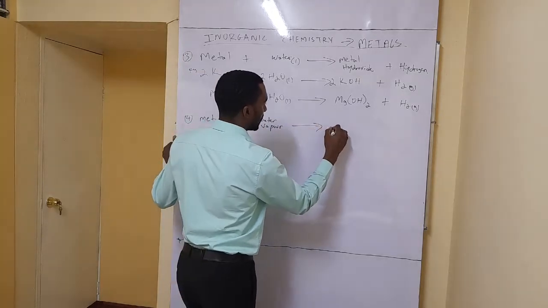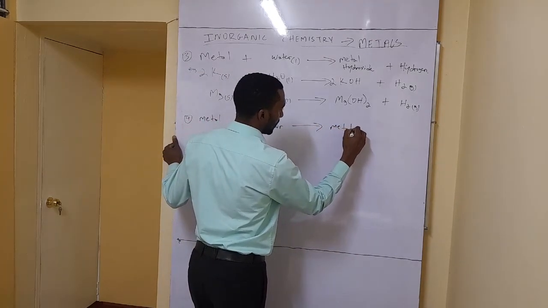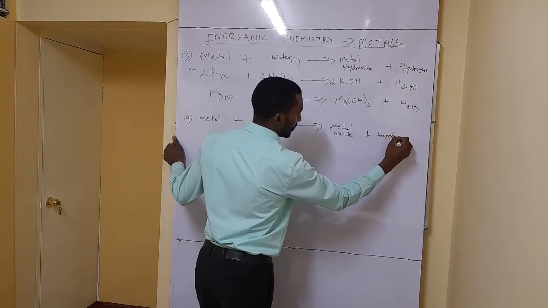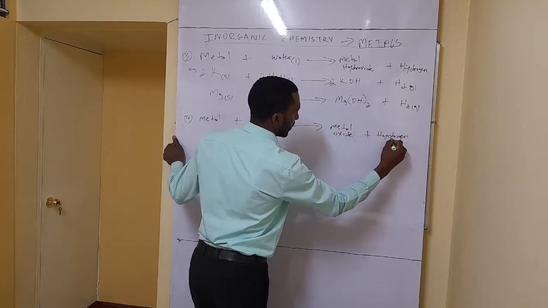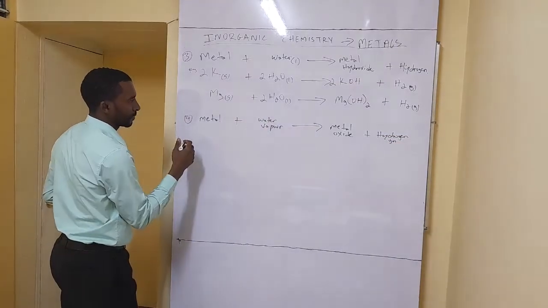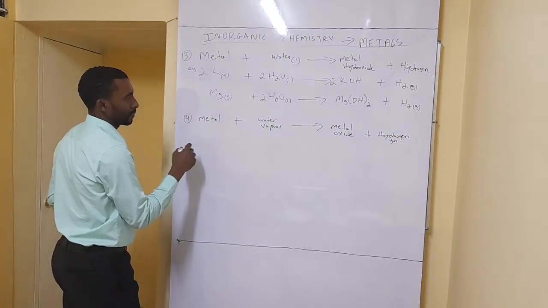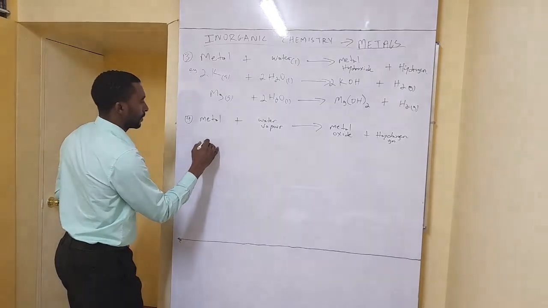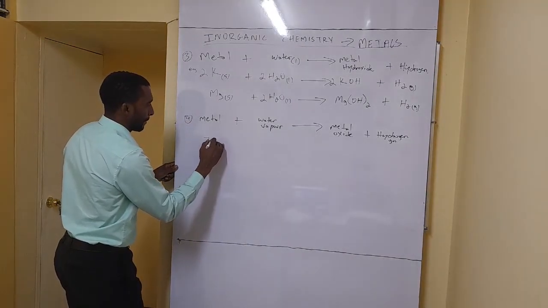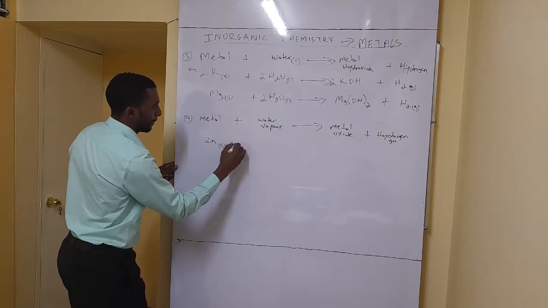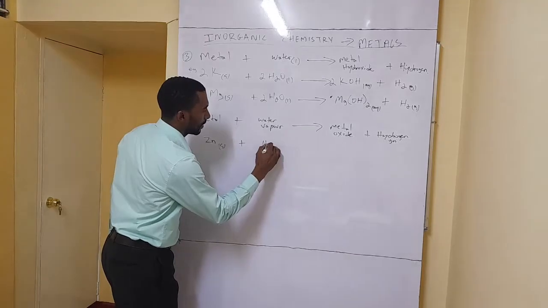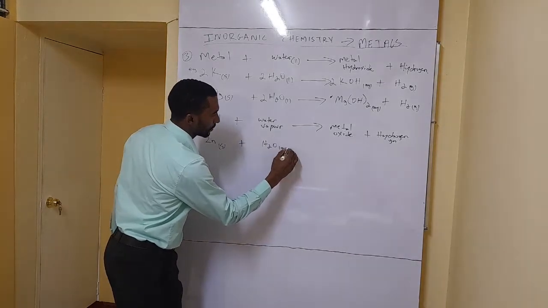Water vapor produces metal oxide plus hydrogen. So we go like plus H2O gas.